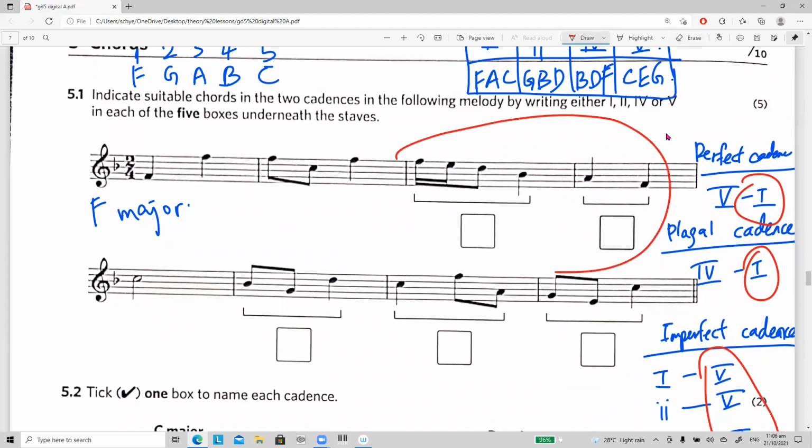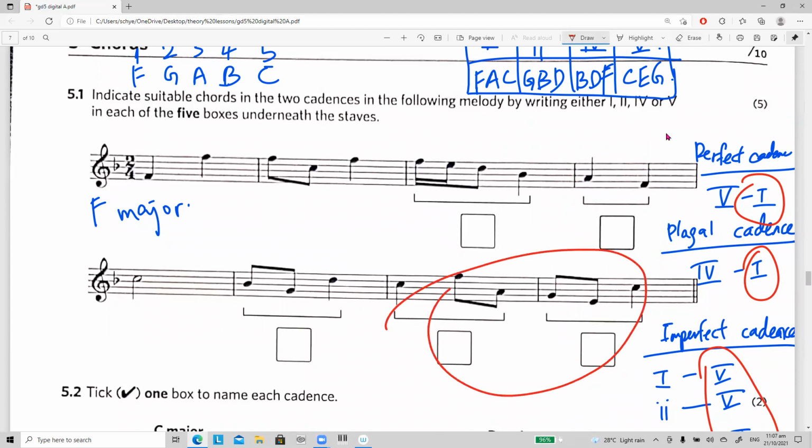At the end of the phrase is one cadence. It can be perfect cadence, Plagal cadence, or imperfect cadence. And then the second line is another cadence. Here, it can also be perfect cadence, 5-1, it can be 4-1, it can be anything going to 5, which means the last chord can only be 1 or 5.